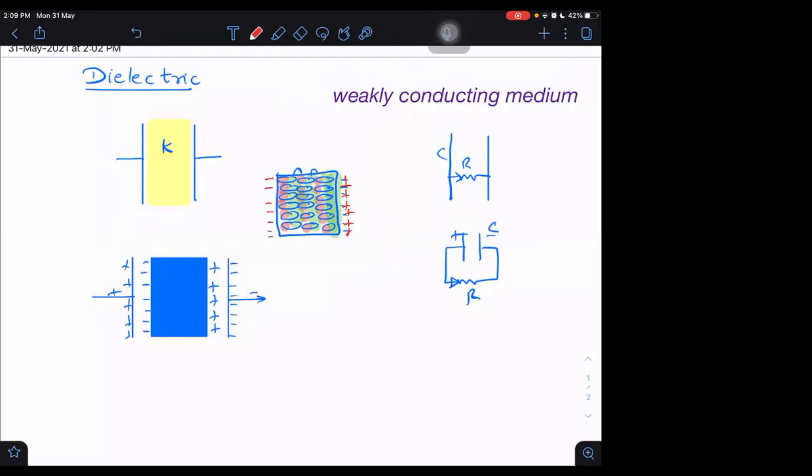Internally they nullify each other's effect. So the net charge density will be like this.